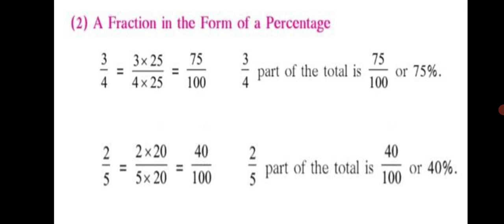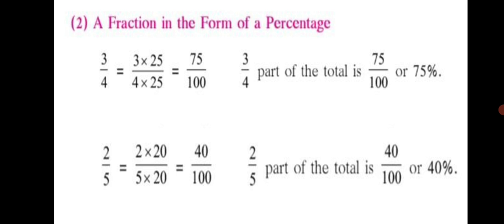Now let us learn how to convert a fraction into a percentage. Suppose we have a fraction 3 upon 4. You will have to form the fraction in such a way that the denominator is 100. We know that 4 into 25 is 100. So we multiply the numerator and denominator both by 25.